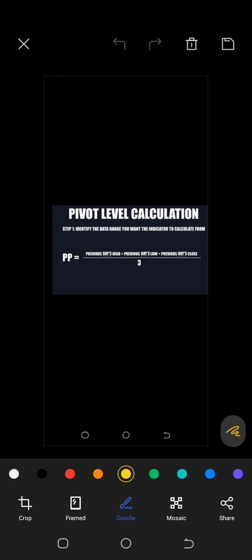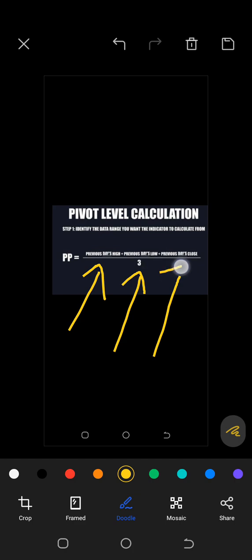So you can just take note of the standard calculation. Okay, so just giving you a fair idea of how they came about with the pivot point calculation and how you see the S1 and the S2, which we are going to look at shortly.